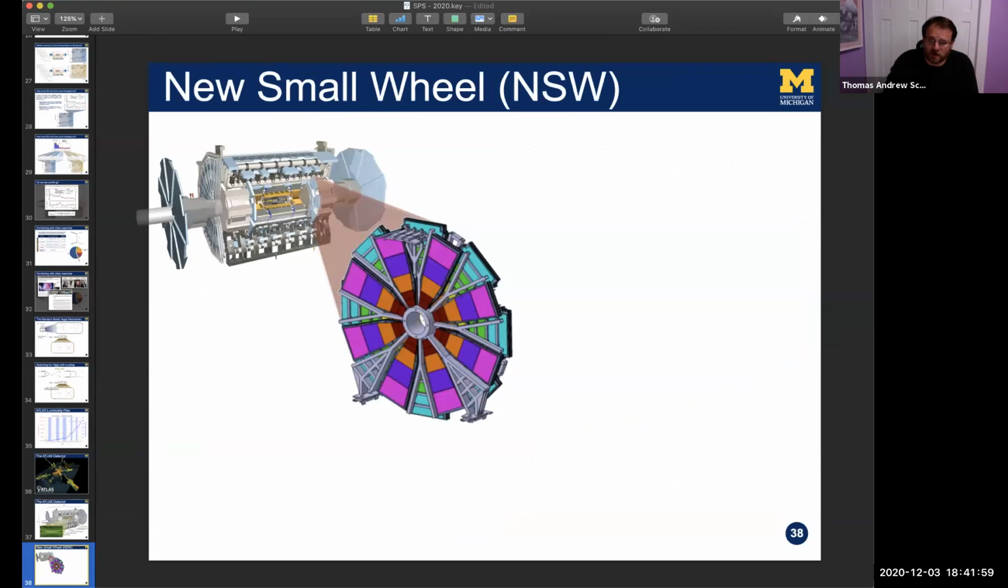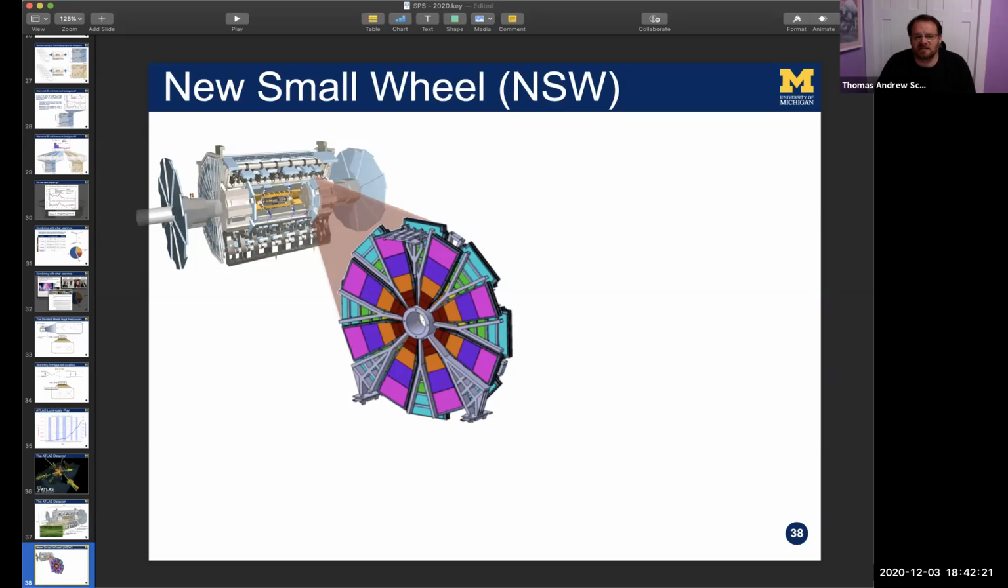There's two things that Michigan is really big in: muons. So some of you already know this, but we do a lot with the Muon spectrometer, and that's everything that's in the upper left-hand corner in that kind of shaded blue, all right? The first thing that we're doing is we're building an entire new detector wheel, and that's what this thing is.